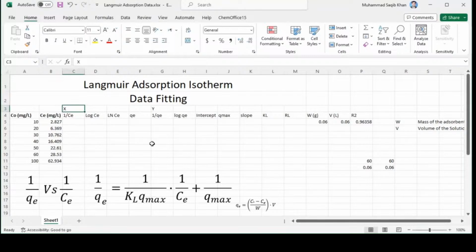We started two brackets, so we will close two brackets over here. And this KL value will remain the same throughout the formula, so we will lock this one. If you want to calculate this for all the concentrations, we lock this and press enter.